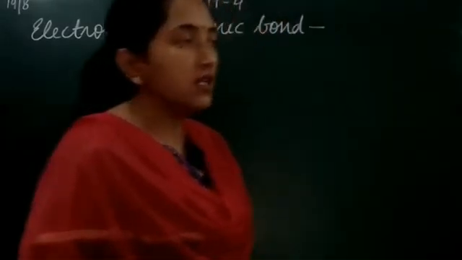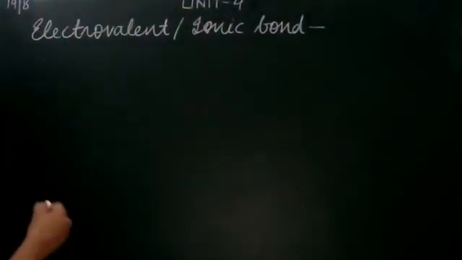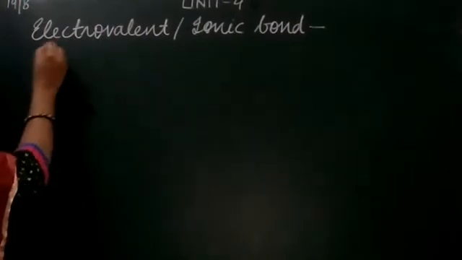Now we'll start with the definition of an ionic bond or electrovalent bond.